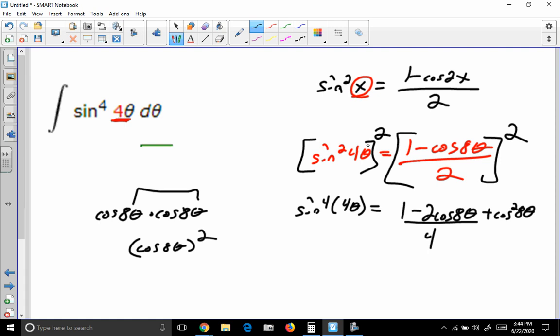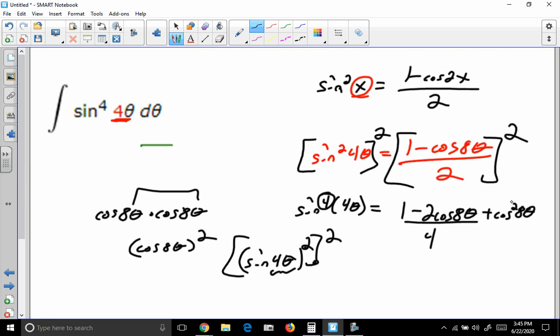Same thing with the sine squared. If we're doing sine of 4 theta squared and we're squaring that, we have something with a power raised to a power, so we multiply the exponents together. We don't do anything with the input there. That's why that sine to the 4th is still 4 theta.